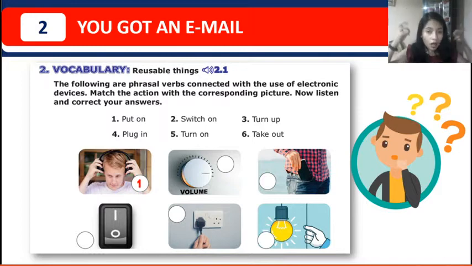Yes, put on. Okay? Put on. Very good. What about the second? It says volume. Right? What about that? Volume. Tell me, please. What about that?